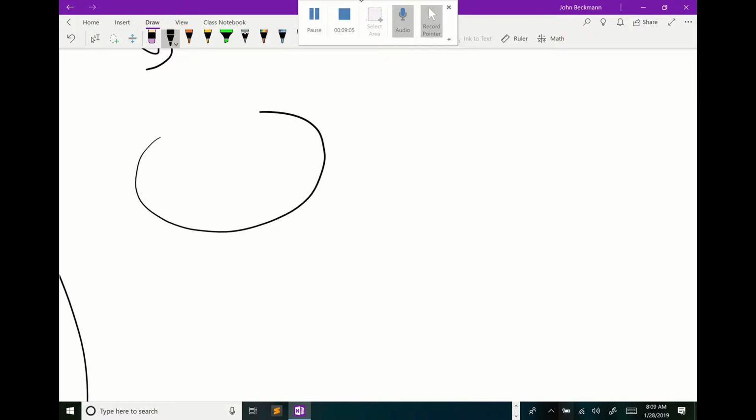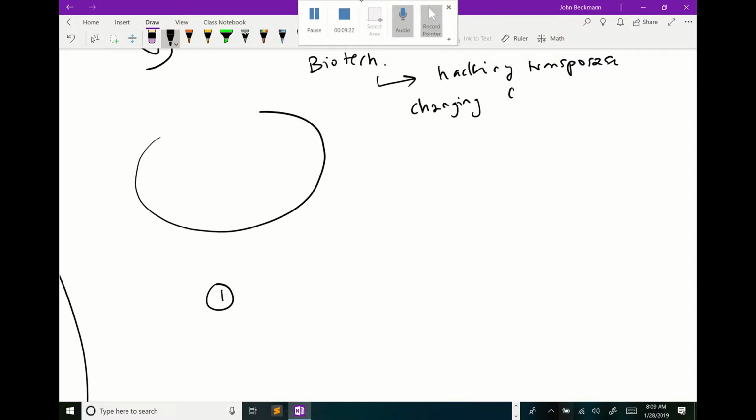Plasmid 1, this is biotechnology transposons. So when we use transposons in biotechnology, we are hacking the transposase and changing its cargo. So in a normal wild-type transposase, it's grabbing its own gene, okay? But if we understand the biology of the enzyme, we can change its cargo. So let me show you how we do that.